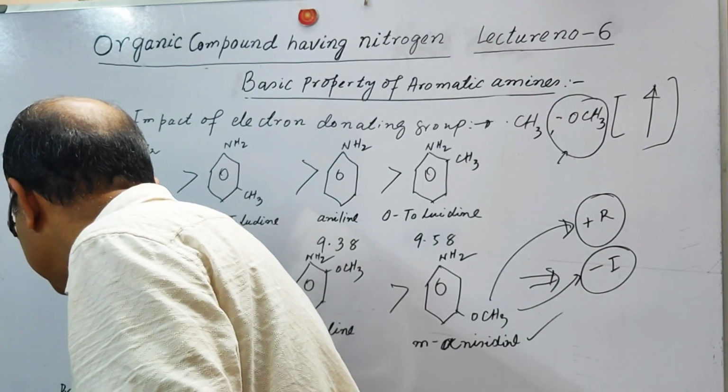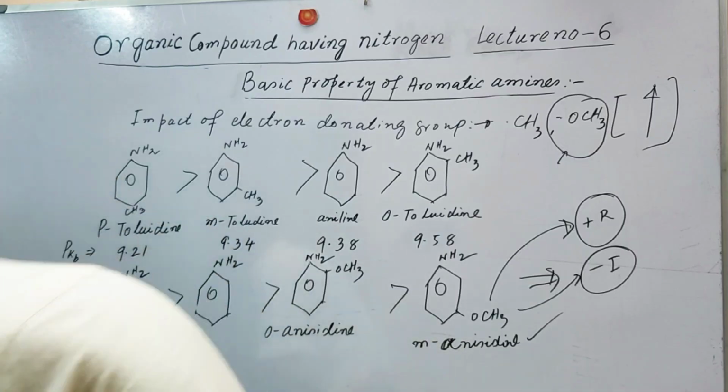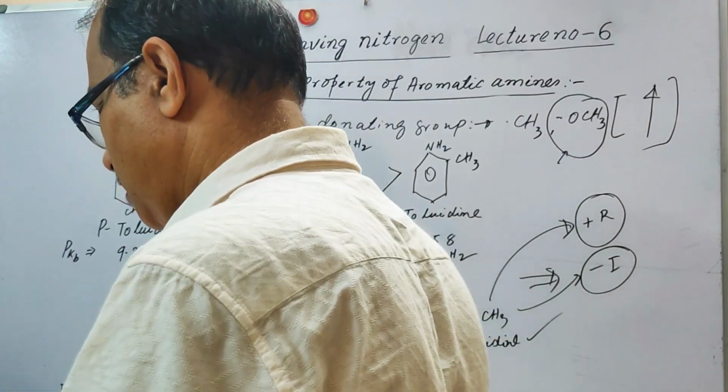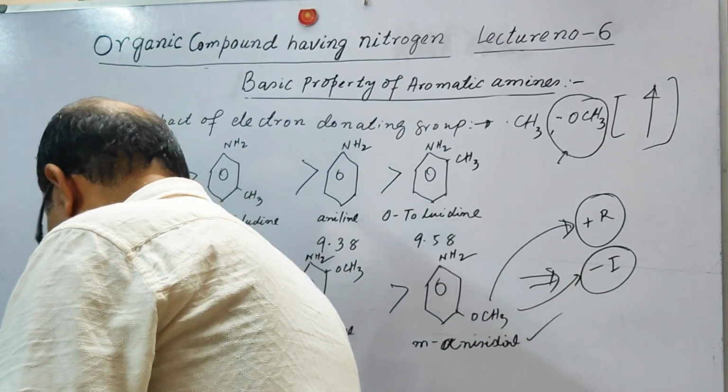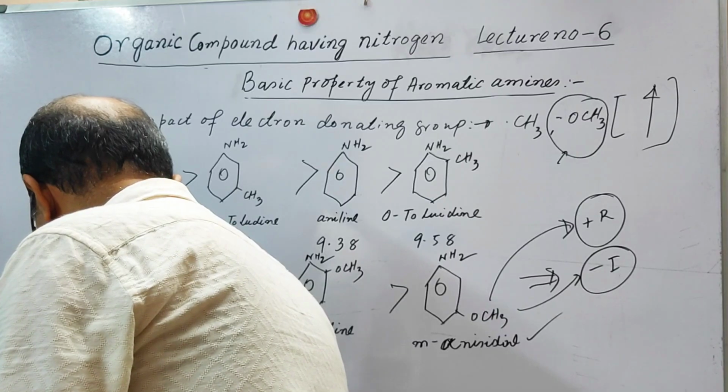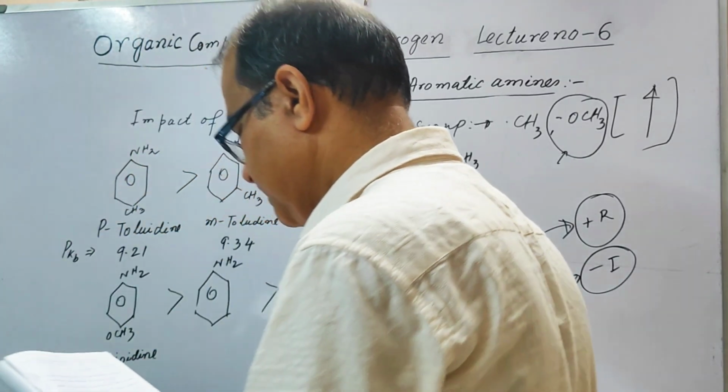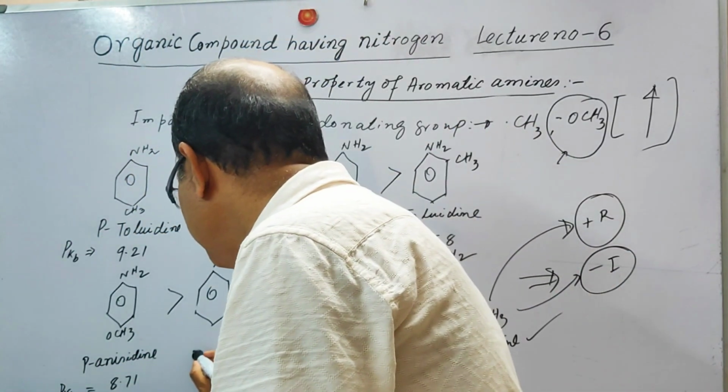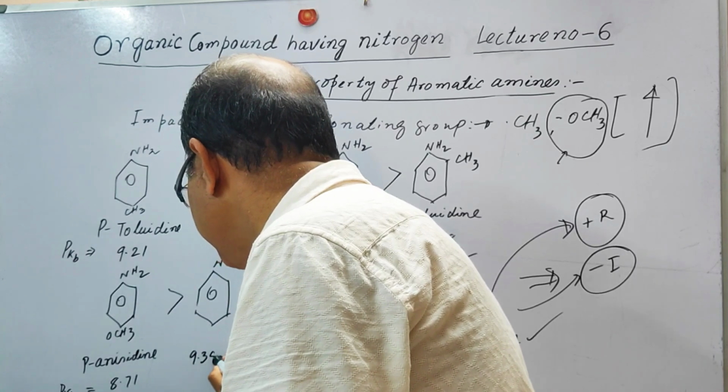So what will be the pKb value? Let us understand. Let us see. pKb value of para-anisidine, it will be 8.71. Okay. Then aniline we know that is 9.38 or 9.35.